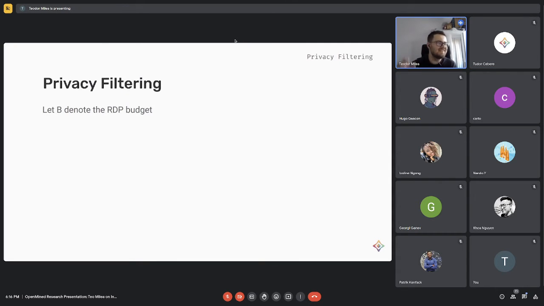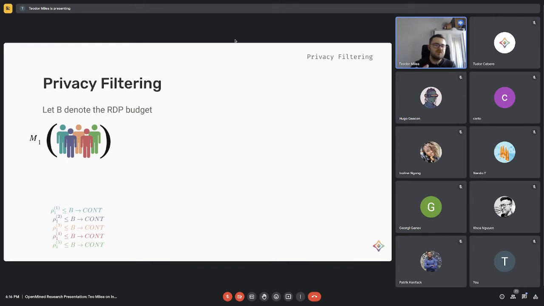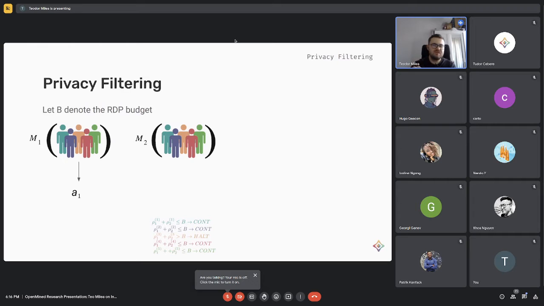Now regarding the question, if we look at an example for privacy filtering, let's say we start with our whole data set and algorithm M1, and we compute the rho for each individual, and we notice, okay, everybody is within the budget. That's fine. We can output the result. Now, let's say that for the second algorithm, we do the same computation for the rho parameters, and we notice that for the orange stickman, the sum of their parameters exceeds the budget.